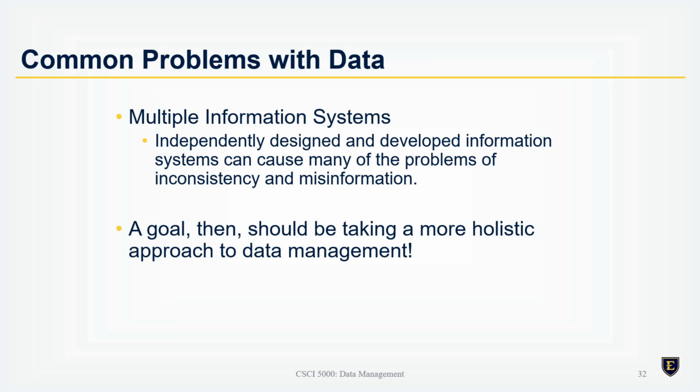So a goal should be taking a more holistic approach to data management, so that we have a consistent set of data from a centralized system that minimizes the misinformation that is provided to others through some system like sharing. So sharing of information is important, but again, if you can't share the meaning of that information, or you get inconsistencies with the data, then there certainly is a problem.